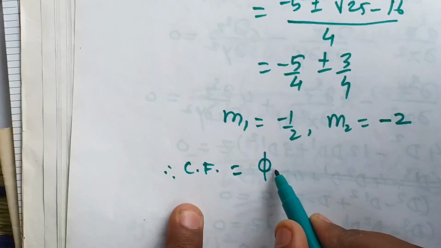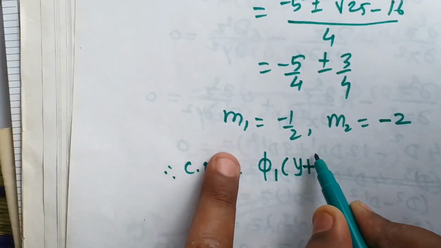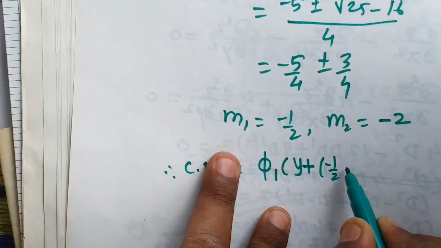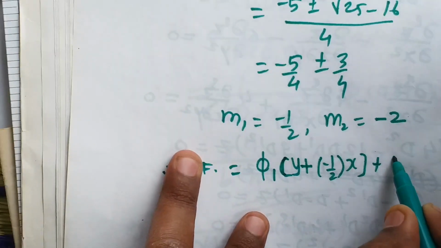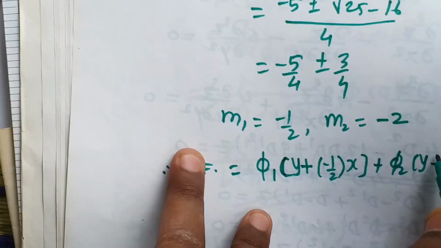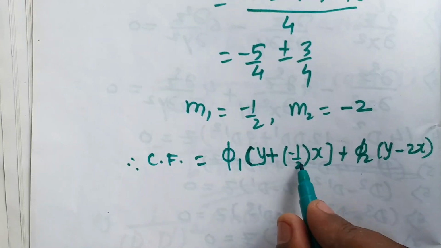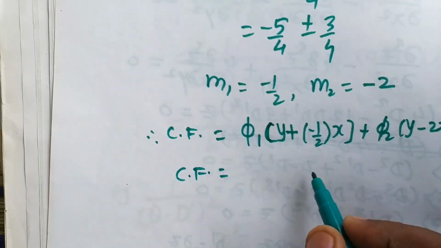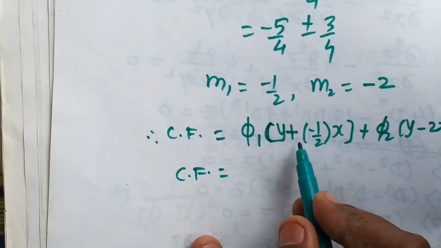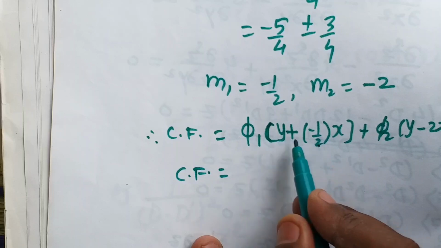Both roots are distinct, so first case: phi 1 of y minus half x, plus phi 2 of y minus 2x. Now here we have a fraction, so whenever we have a fraction, we multiply it by 2, so here this 2 I am taking here.